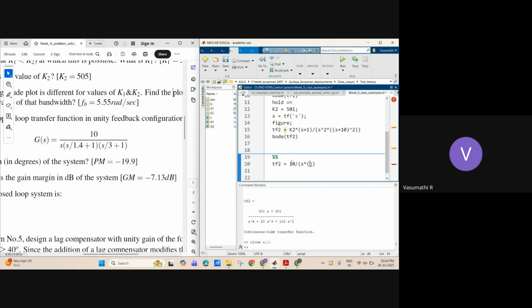I feel this is also too much. We will do that straight in MATLAB itself. S by 1.4, it takes a lot of time, into S by 1.4 plus 1 into S by 3 plus 1 whole. One opening is for the whole.